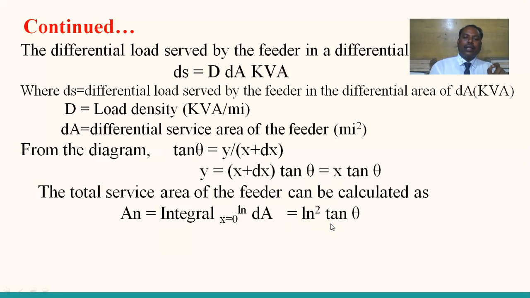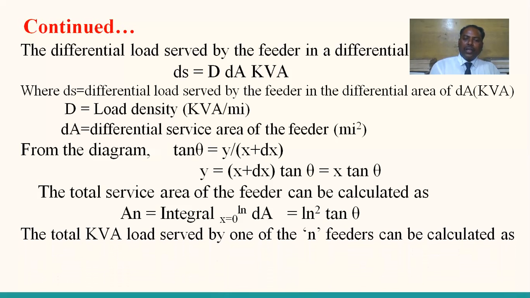The area can be directly written here. There is no other formula: the integral from x equals 0 to ln of dA is equal to ln square into tan theta. This is the direct formula written instead of AN. Otherwise, it is the integral from x equals 0 to ln of ln into dA.